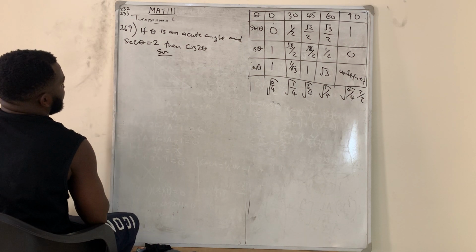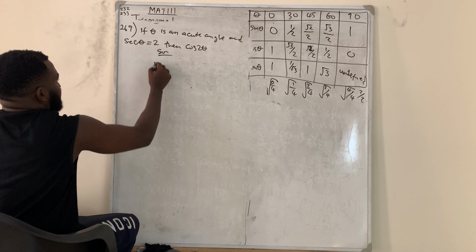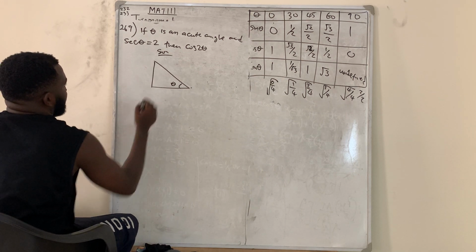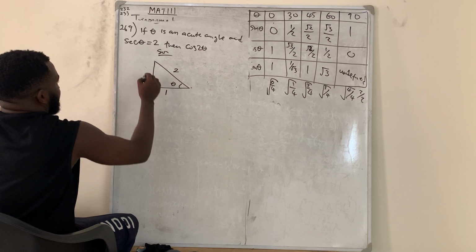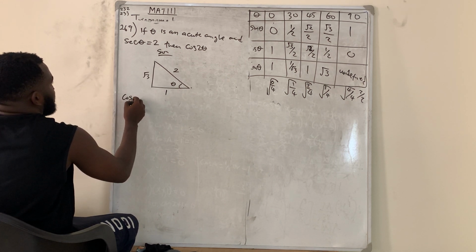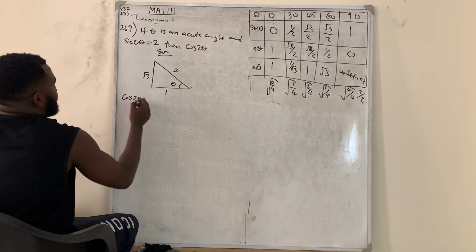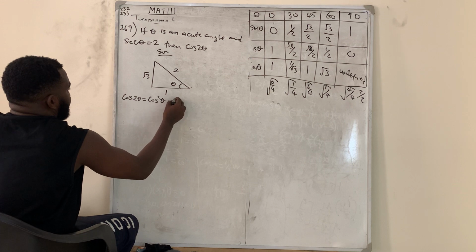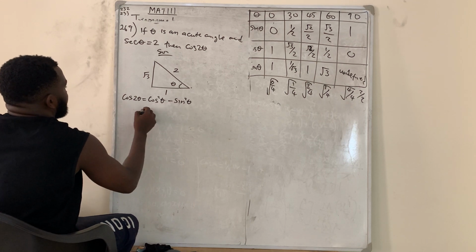The way we did it before, let's repeat again. Don't forget that here is theta, here is 2, here is 1, and here is root 3. Therefore, cos 2 theta is cos squared theta minus sine squared theta.